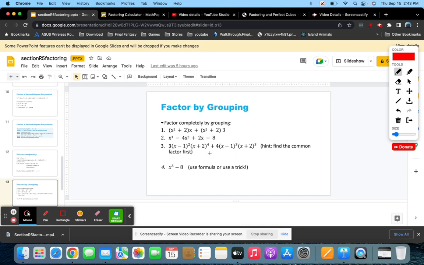So what would I pull out? I would pull out x minus 1 squared, and then x plus 2 cubed.